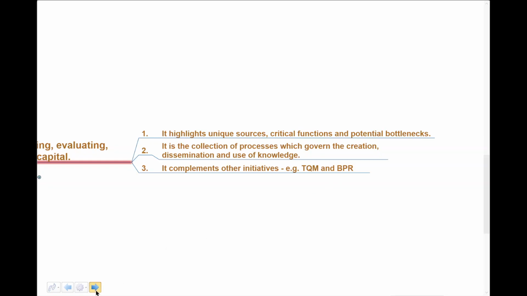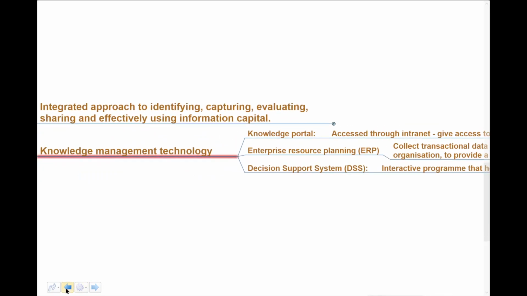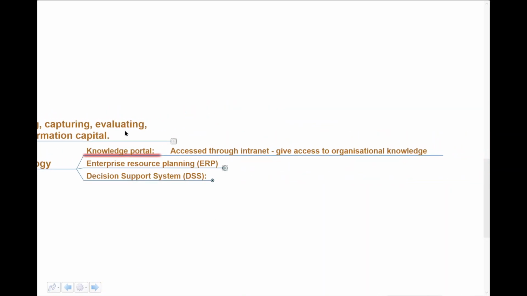Okay. Next area for us is really tech. So given what we've said, we're talking about systems that enable us to leverage the knowledge that we have. What sort of systems are used? What sort of tech is used within this particular area? Well, pretty standard: a portal, somewhere to hold knowledge, usually in most businesses through some sort of intranet, which provides access to staff.